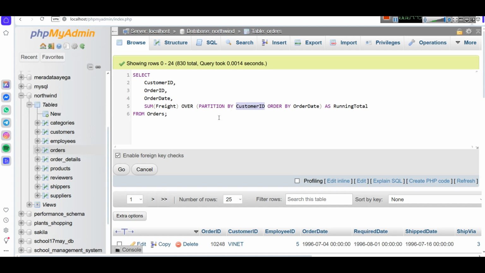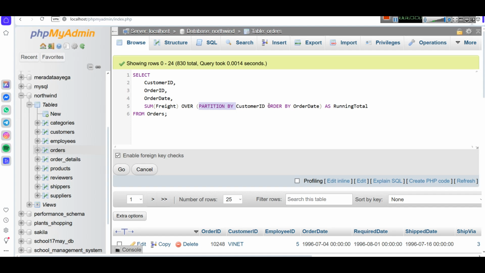Earlier we used group by. In group by also, suppose you want to show category wise total unit price, we used sum unit price grouped by category ID. Here in window functions, when you have to find a running total, we write sum freight over, and we use partition by instead of group by.